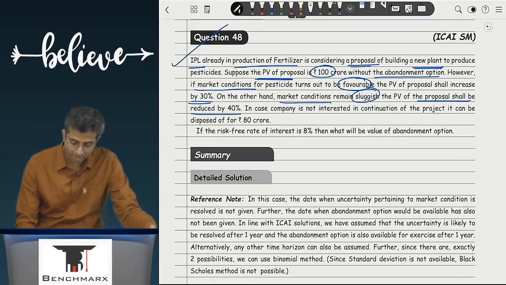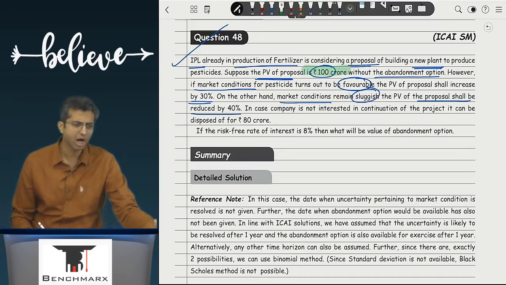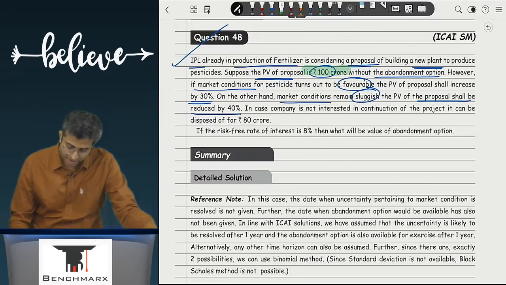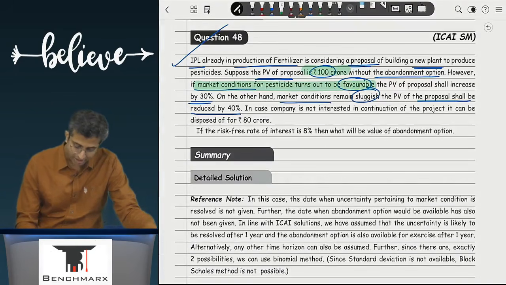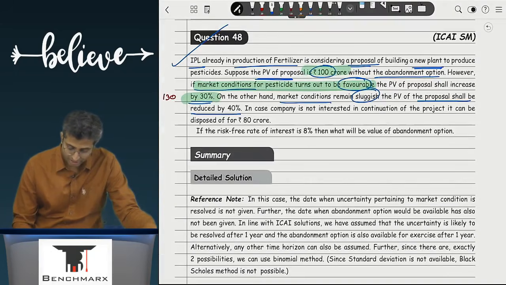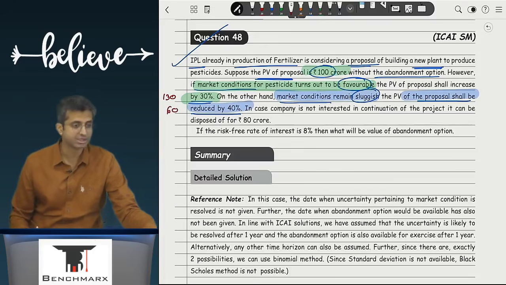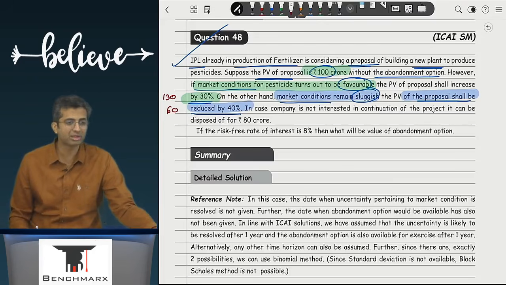Achha, what is the current present value? 100 crores. The question says that if the market conditions turn out to be favorable, then the present value will increase by 30%. So instead of 100, it will become what? 130. On the other hand, if the market conditions turn out to be sluggish, then the PV of the proposal shall be reduced by 40%, which means instead of 100, it will become what? 60.